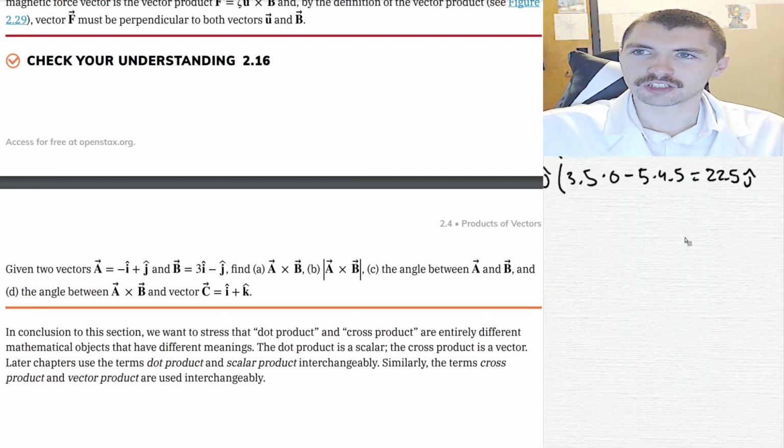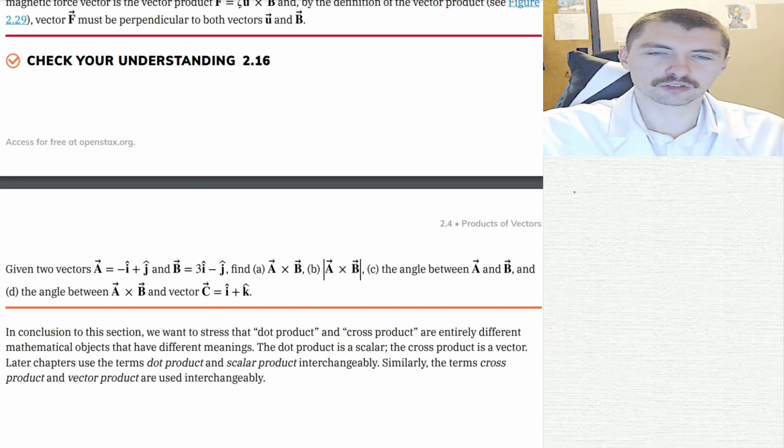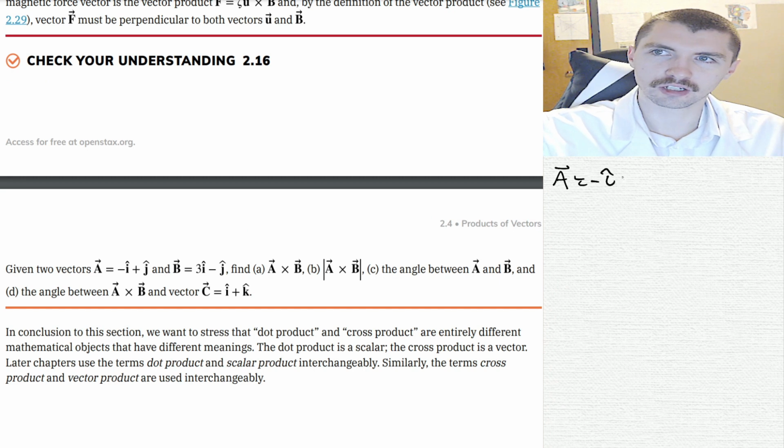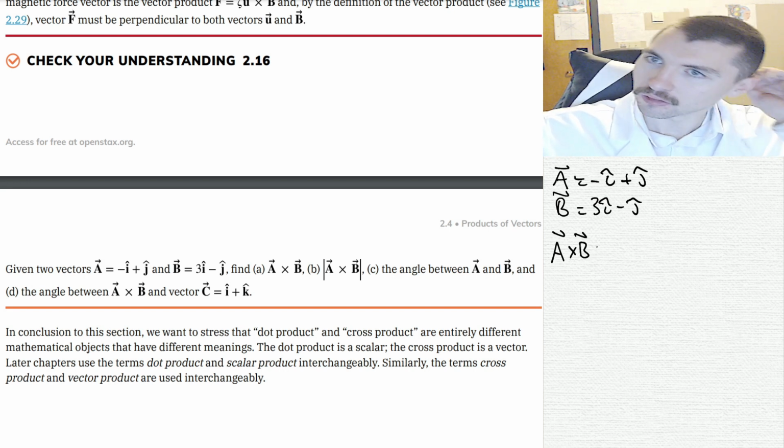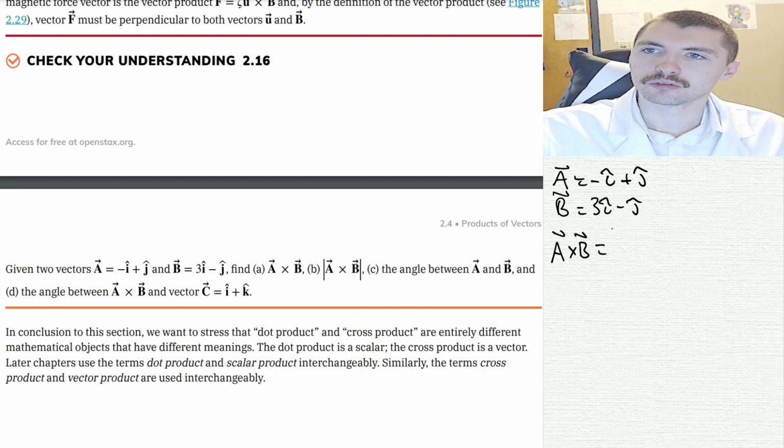All right, check your understanding. Two vectors. A equals negative I hat plus J hat. B equals 3I hat minus J hat. Okay. So we want to find A cross B. All right, so easy enough.